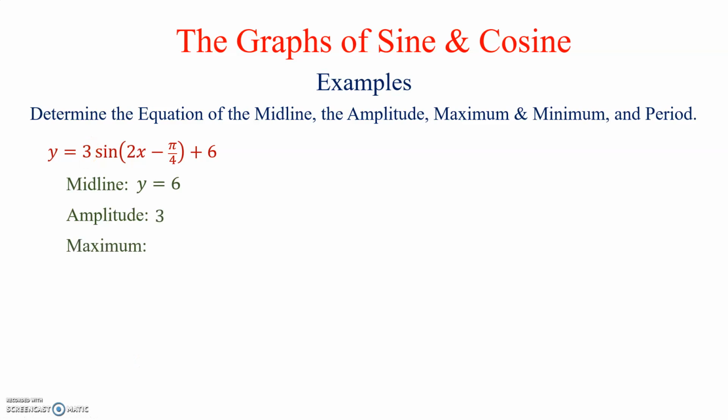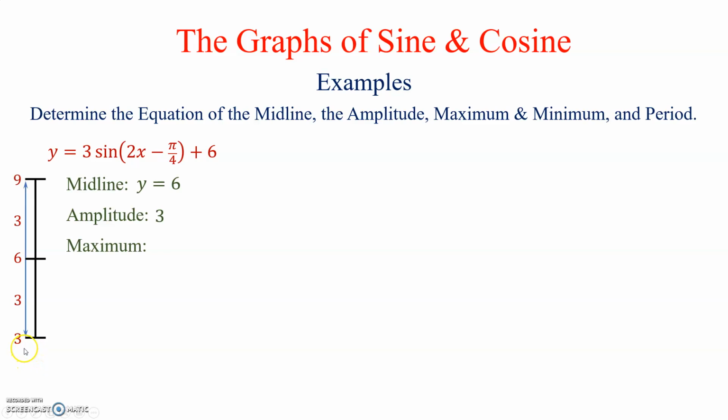Next, we'll begin to find the maximum and minimum. I'll suggest a visual first. If I had a vertical line, and my midline, we said, was 6, I'll put 6 in the middle. The amplitude is 3, so if I went up 3, that would put me at 9, my maximum. If I went down 3, it would put my minimum at 3.